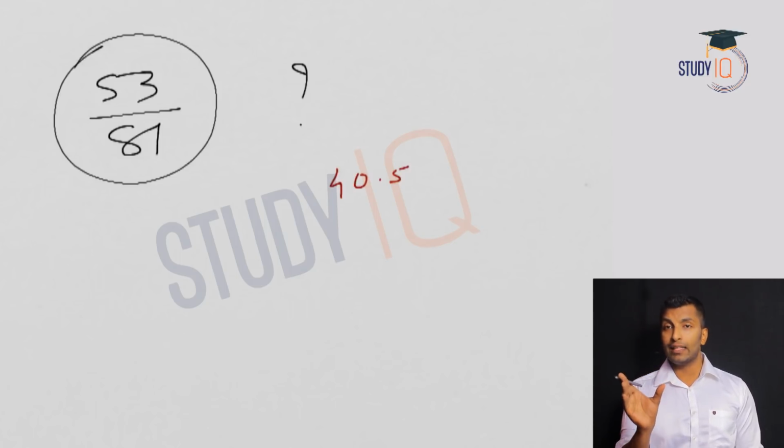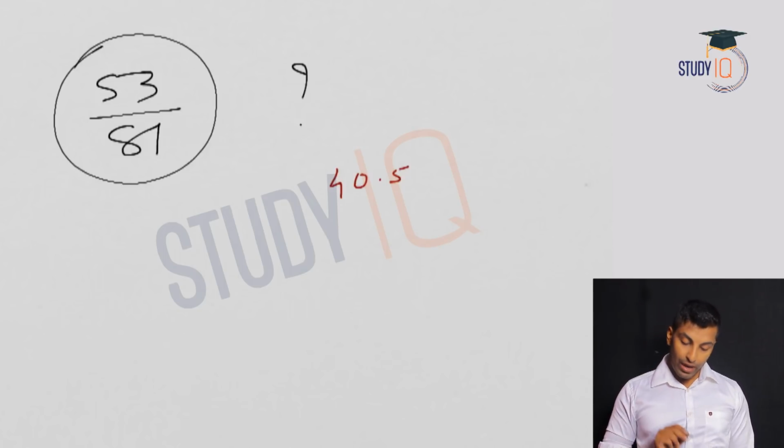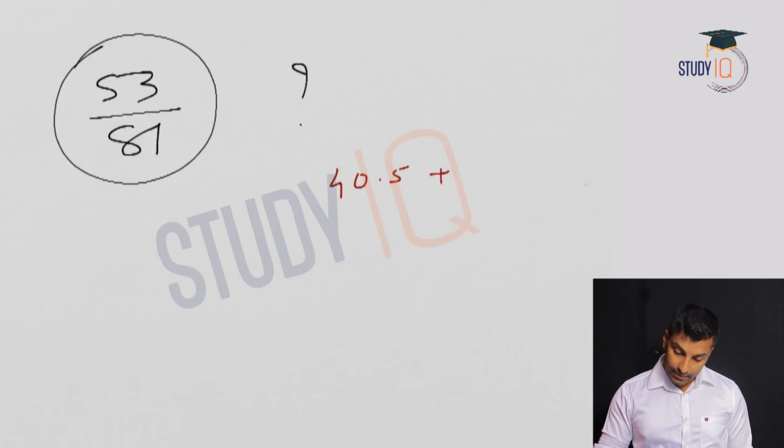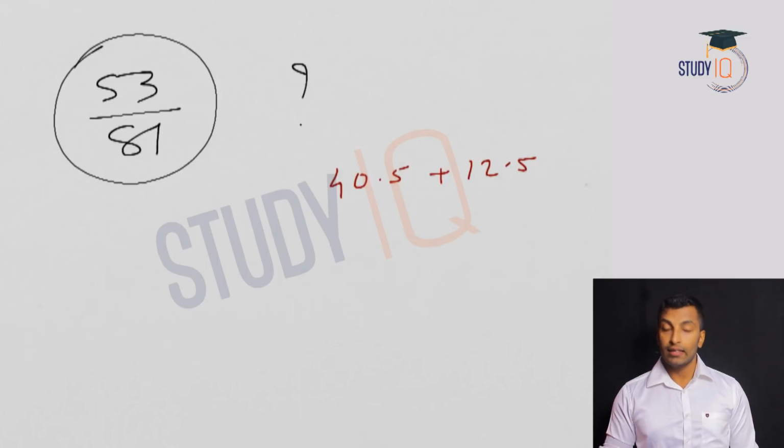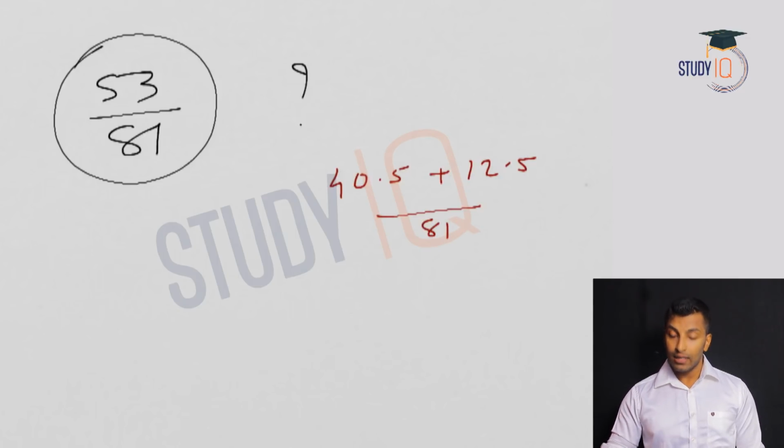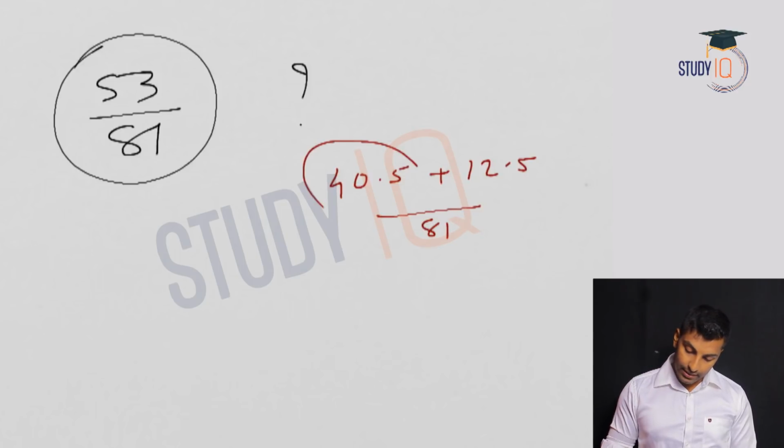Like this you can remove these percentages from the numerator, then see what is left out and calculate the percentage accordingly, right? First, you can write this 53 as 40.5 plus 12.5, with the denominator like this. So what is actually happening is this is 50%.